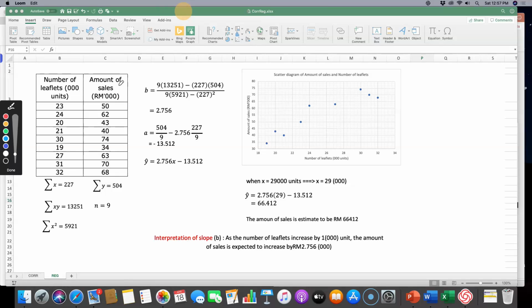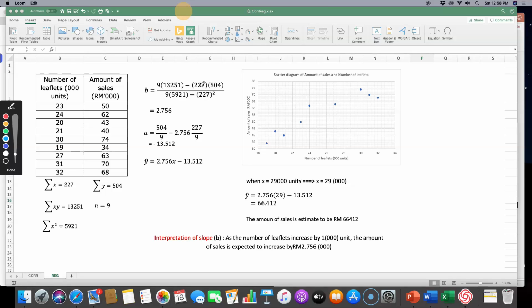I have illustrated the information in terms of a scatter diagram here. Retrieve all the information: your summation of x, summation of x squared, summation of y, and total x squared. The formula of b, you have to recall back. So I have substituted the information in this formula, and I have the value of b of 2.756.